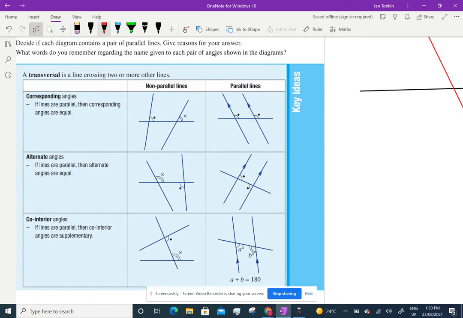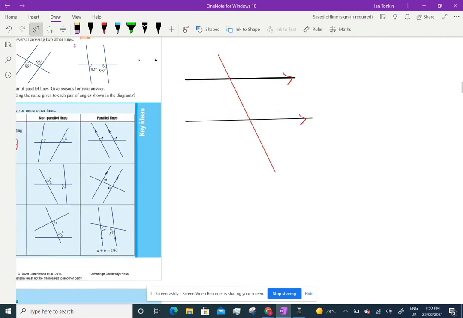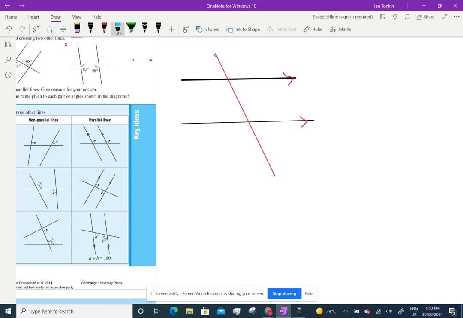So you can have an F like this, or you can have a backwards F, or you can have an upside down F, or you can have a backwards upside down F. And the angles that we're looking for are located here. So this angle and this angle are equal. And can you see the F? All right, there's the F.